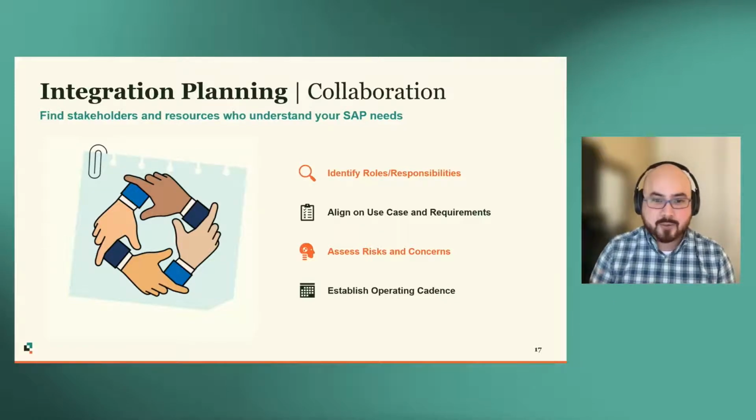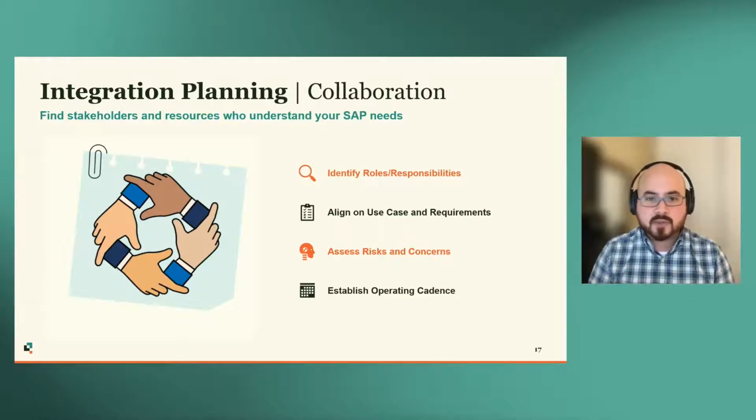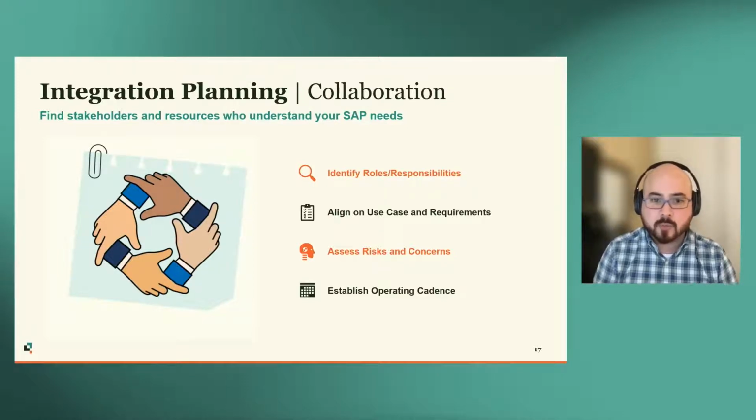And so you really need to start by going and tracking down the different folks that you'll need to work with. And not only identifying who they are, but what the roles and responsibilities will look like, how much they're able to actually help you with your particular use case. So that's where that alignment comes in. Reviewing the requirements that you have with them will really be an important step because they'll be able to best guide you on different things like how to get access, and stuff like that.